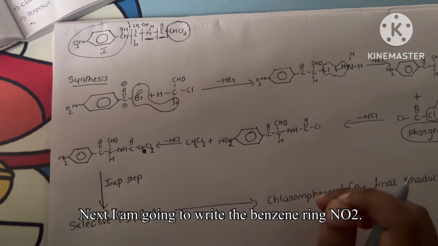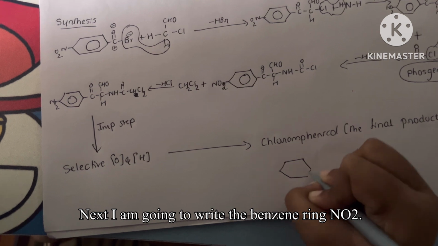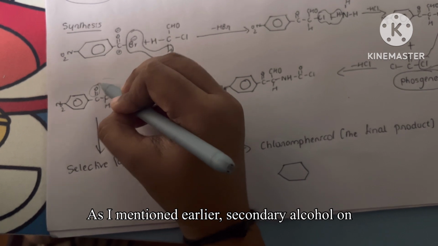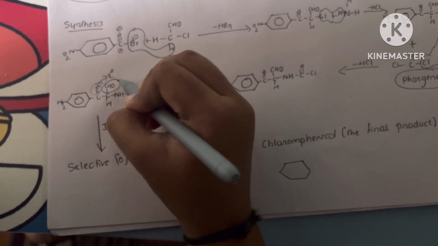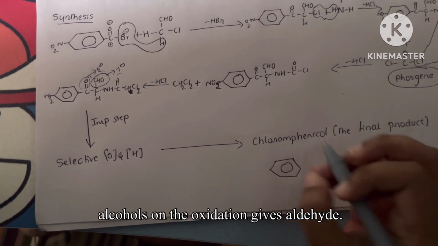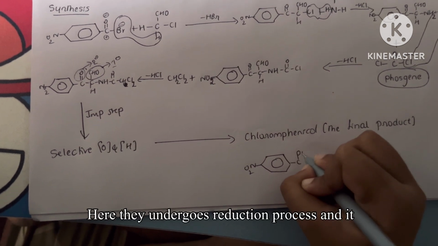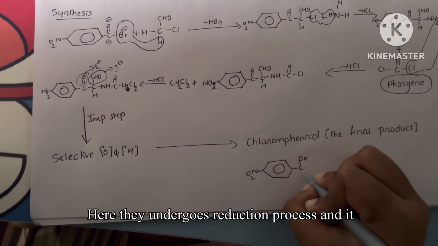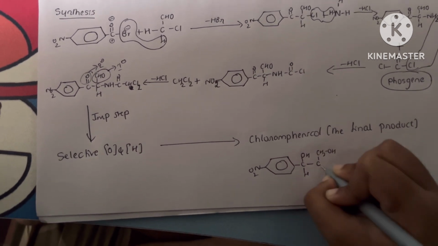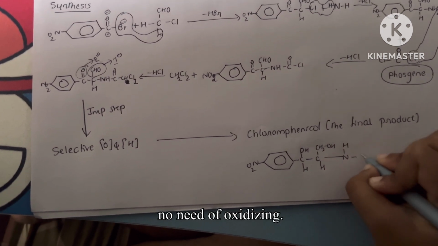First, I am going to write the benzene ring, NO2. As I mentioned earlier, secondary alcohol on oxidation gives ketones, as well as primary alcohols on oxidation give aldehydes. The same procedure is applied here. Here they undergo the reduction process and it gives a secondary alcohol and a primary alcohol over here. You can write only selective reduction here, no need of oxidation.